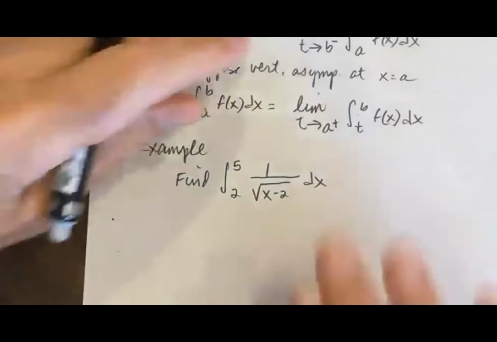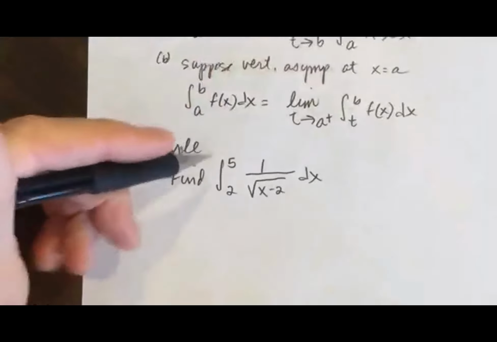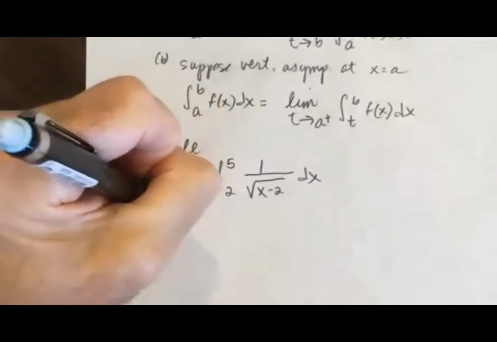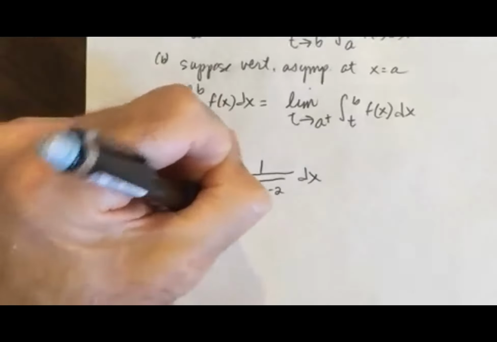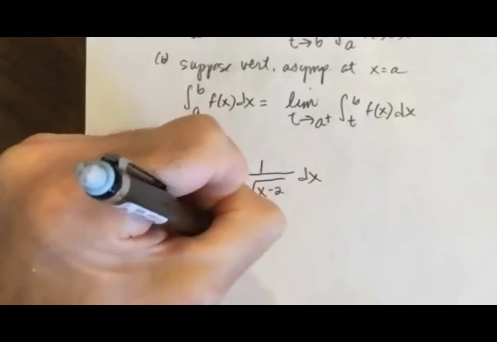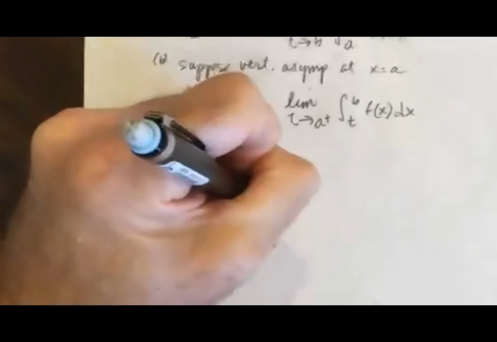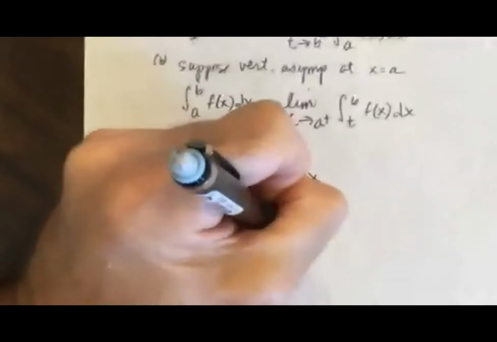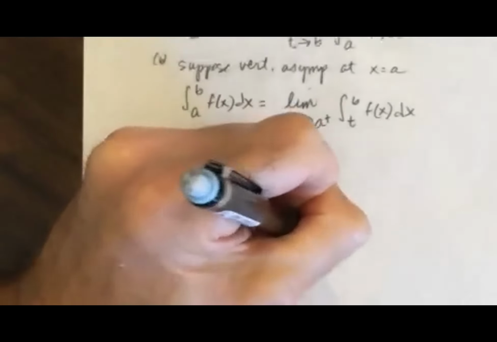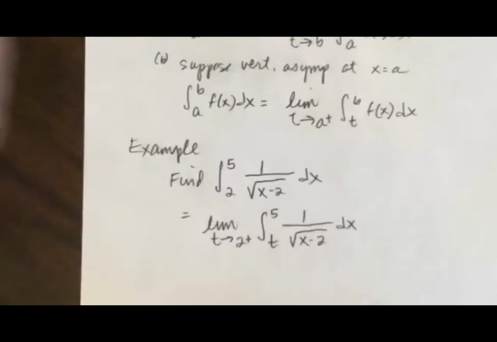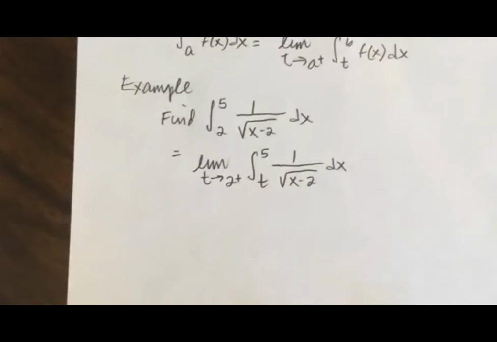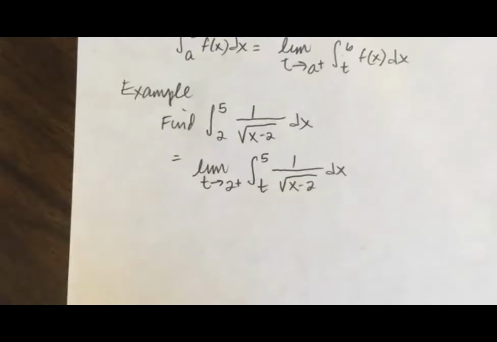All right, let's do it. We say there's something funny going on at 2, and we write this as the limit as t goes to 2 from the plus side of the integral from t to 5. So how do you know where to split it? In the old days, you would have to be really familiar with the domain and range, which is why in all those algebra classes we kept asking what's the domain and range over and over again.